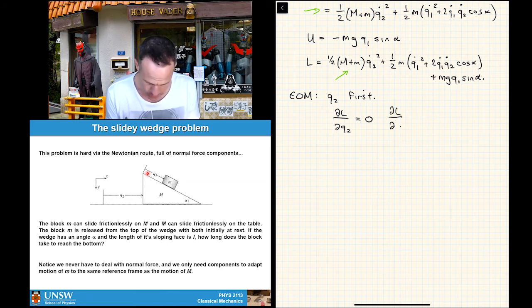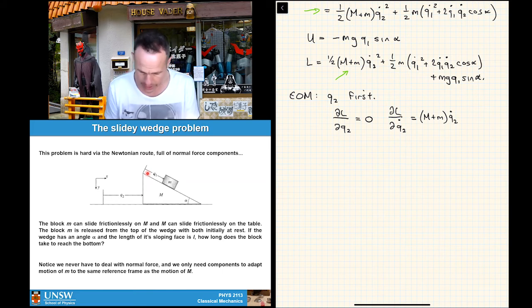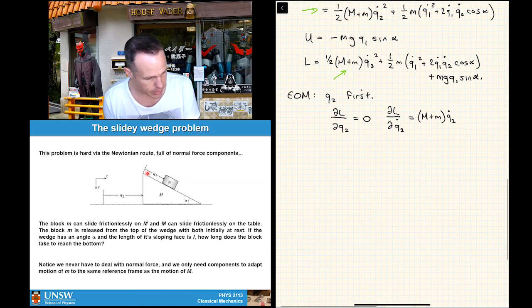dL/dq2 dot, of course there's terms in that, so we're going to carry the 1 up the front, M plus m. The 2 is going to come down from the square and knock out the half. And then we're going to have a term from the mixed term on the end, right? So this is going to end up with a plus little m q1 dot cos alpha.